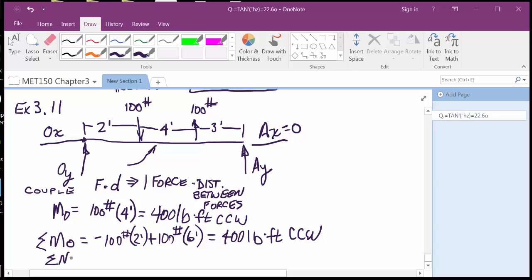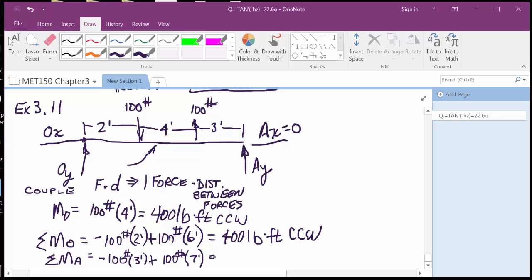Summation of the moments at A. You've got this 100 pounds, that's going negative, isn't it? Clockwise negative. It's 3 feet, plus 100 pounds times 7 feet.